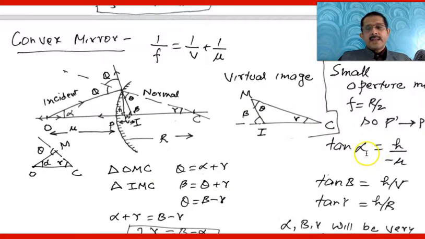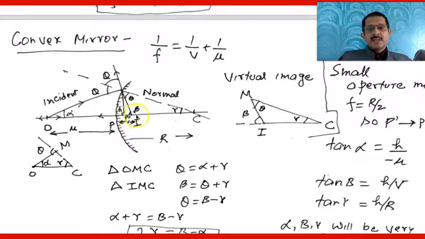Also we can say tan alpha is equal to h by minus u. One thing you have to note is that I've taken it as minus u because this is opposite to the direction of the incident ray. Now tan beta is equal to h by v. This is h and v is this distance.